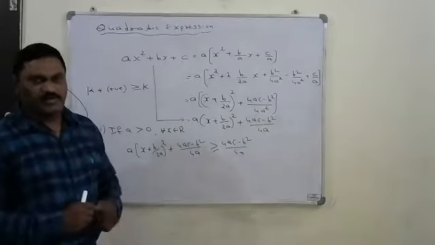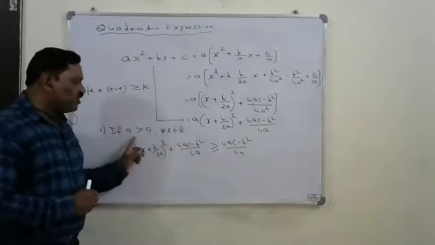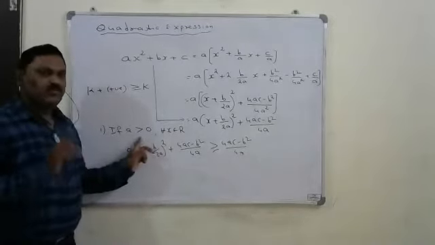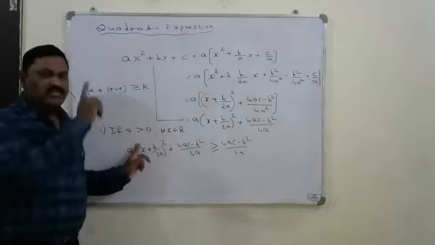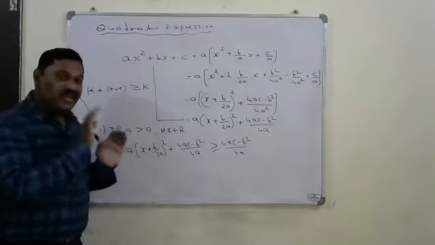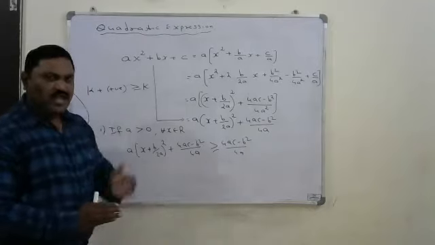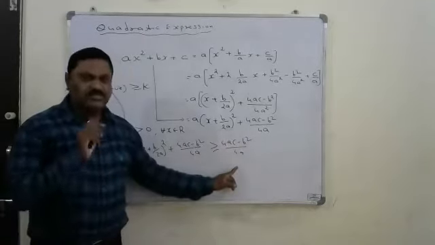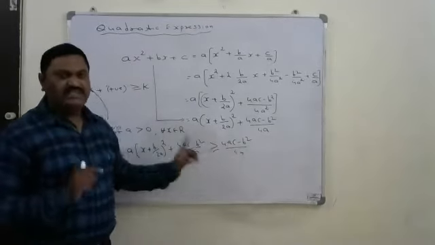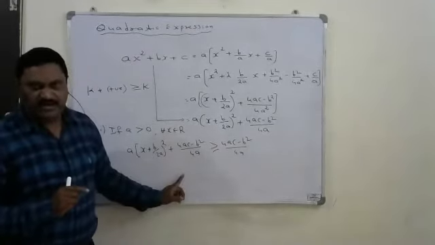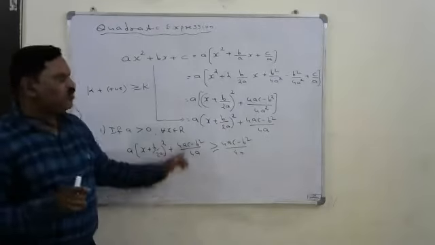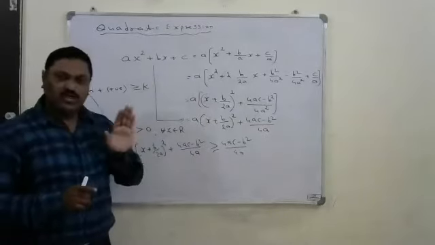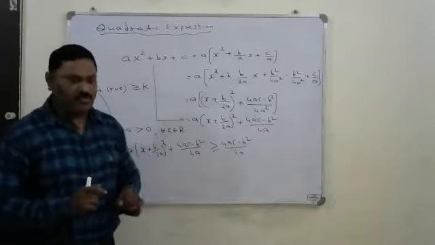When x is equal to minus b by 2a, this expression is going to give the minimum. That is the point you have to remember.